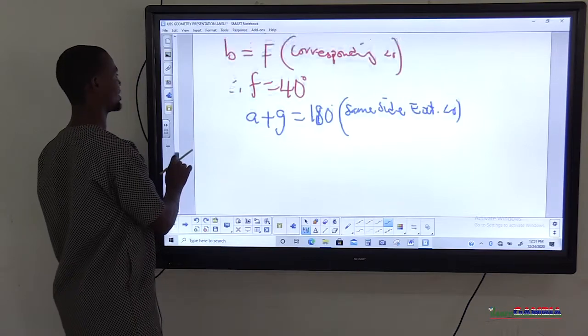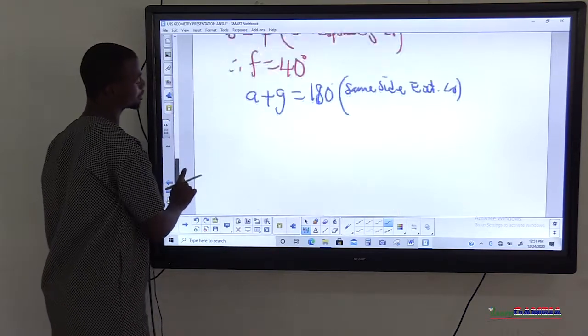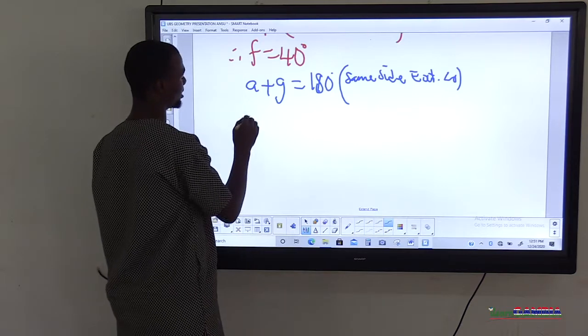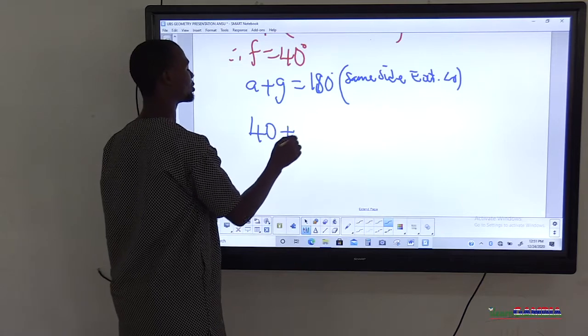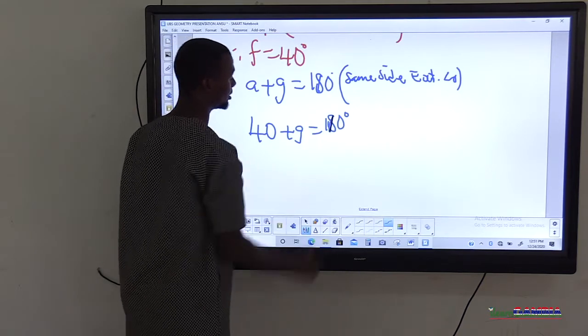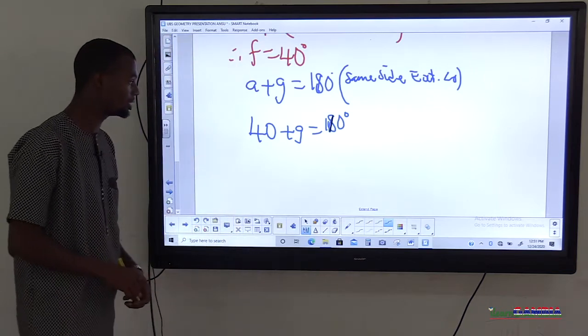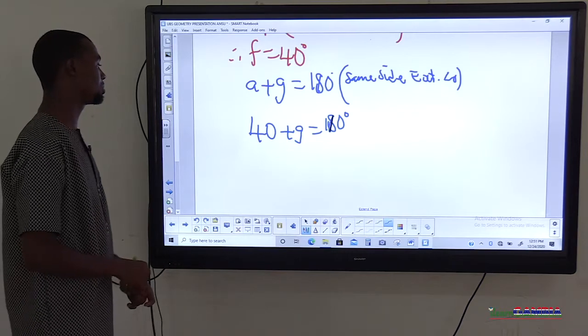What is letter A? That's the first one we found. A is equal to 40. So you will have 40 plus G is equal to 180 degrees. What do we do?